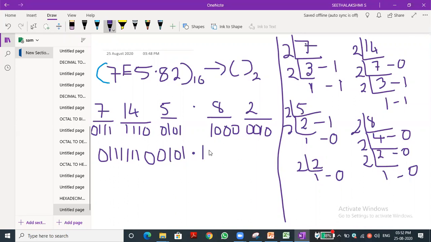Then 1 0 0 0 for 8 and 0 0 1 0 for 2. So this is the entire binary number. Starting with 0, we can omit it. If it starts with 0, we can omit that. So we can write this as the answer. Write down this answer, copy it down.